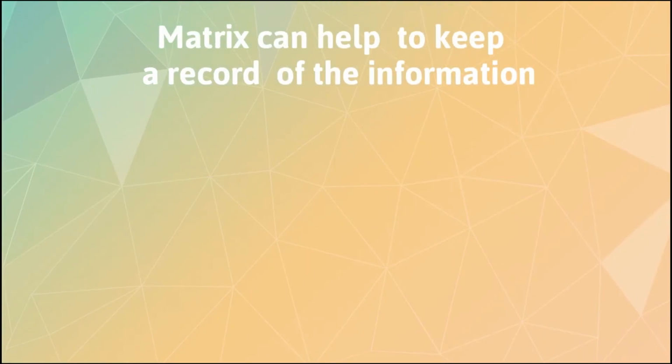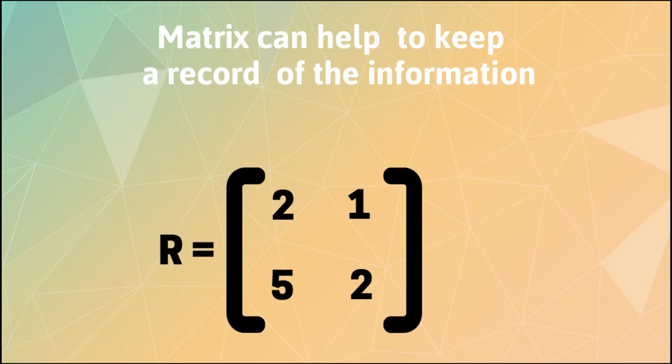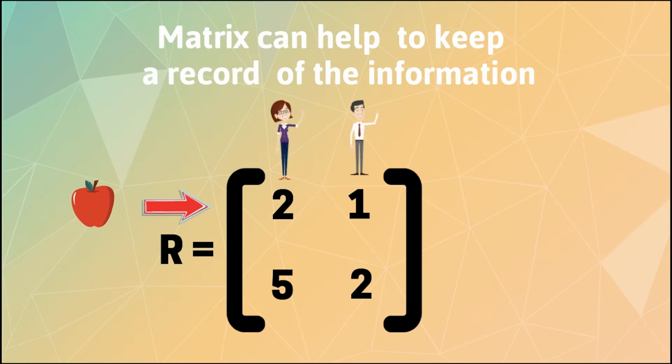Now, if we wish to keep a record of this information, we may take the help of the concept of matrix and represent it as follows. The first row shows the number of apples consumed by the woman and the man respectively.